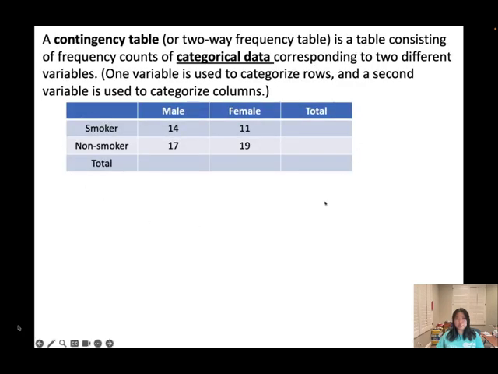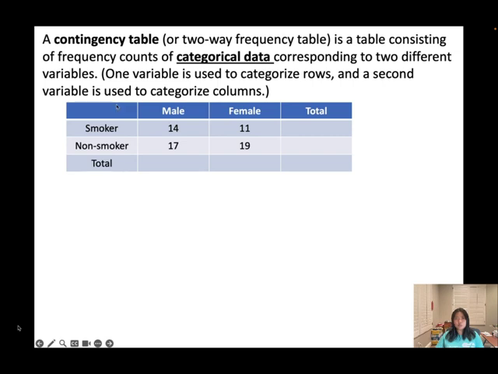Okay, look at this example. This is a contingency table, or you can call this a two-way frequency table. This table consists of frequency counts of categorical data corresponding to two different variables. One variable is gender: male or female.